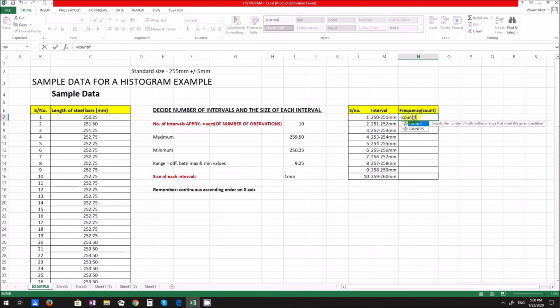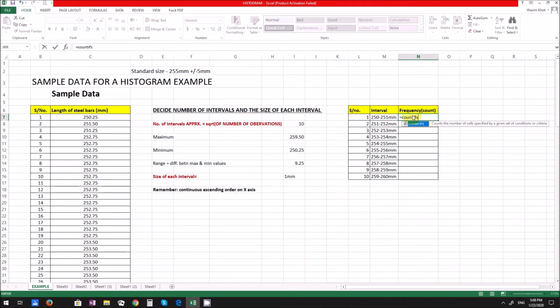There are two formulas, COUNTIF and COUNTIFS. We need COUNTIFS because we are going to have two criteria. One is that the value should be greater than 250 mm and it should also be less than 251 mm. So we have two criteria. That is the reason we will use COUNTIFS.